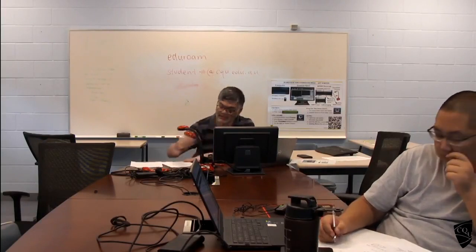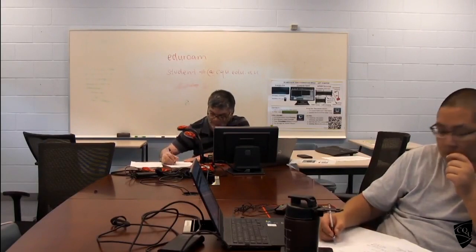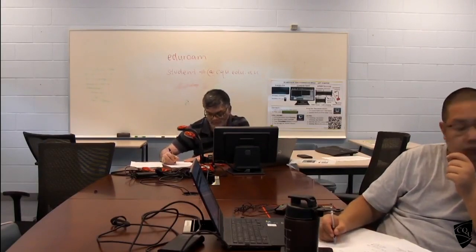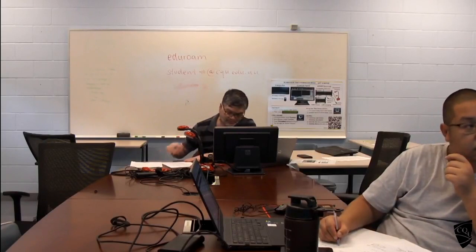We'll use the parallel axis theorem in the second moment of area. The parallel axis theorem says if you have an area, it can be any area, and you have a centroid, so you have an I value about the centroidal axis.